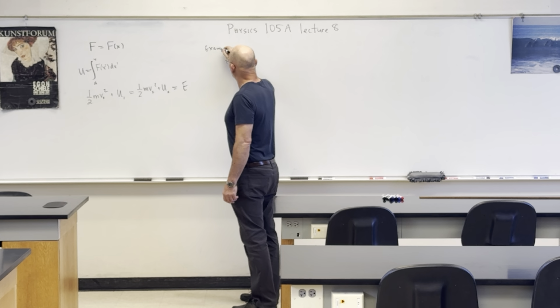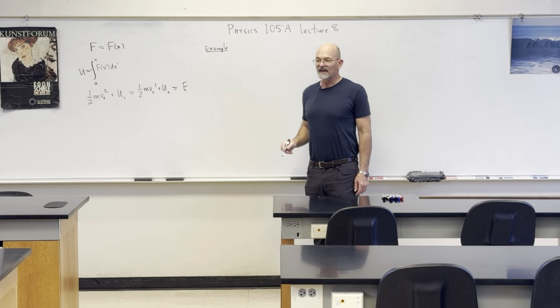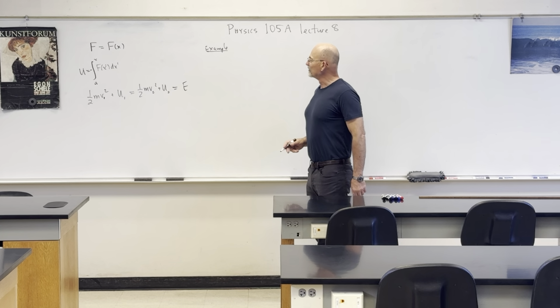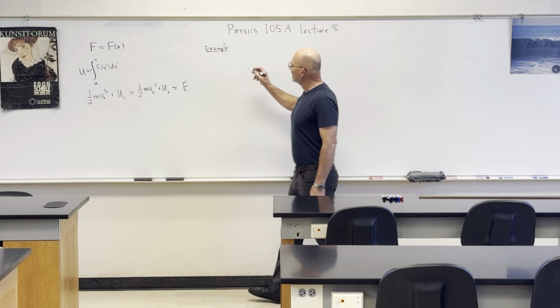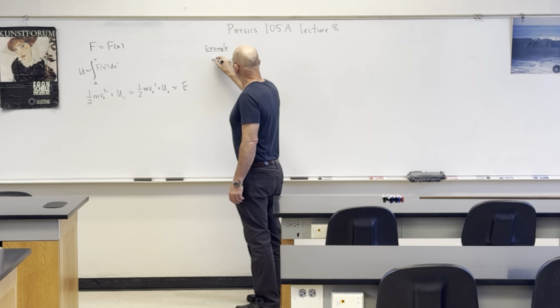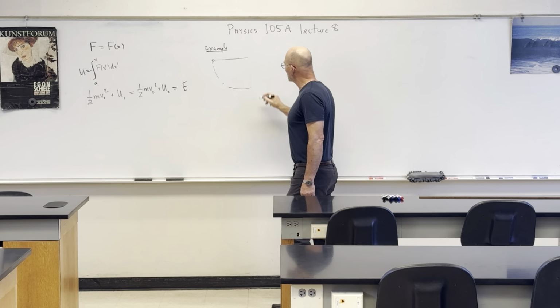For example, when do you have conservation of energy? Roughly speaking, when there's no friction. For the basic version of this, there's no friction. So say you have a pendulum that's going to just swing through an arc.